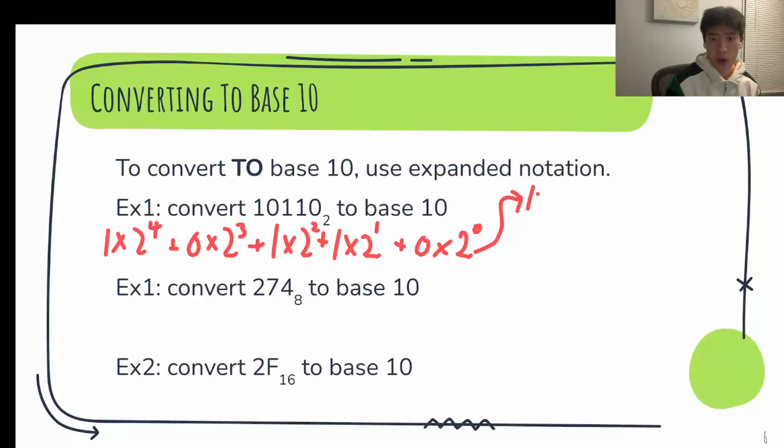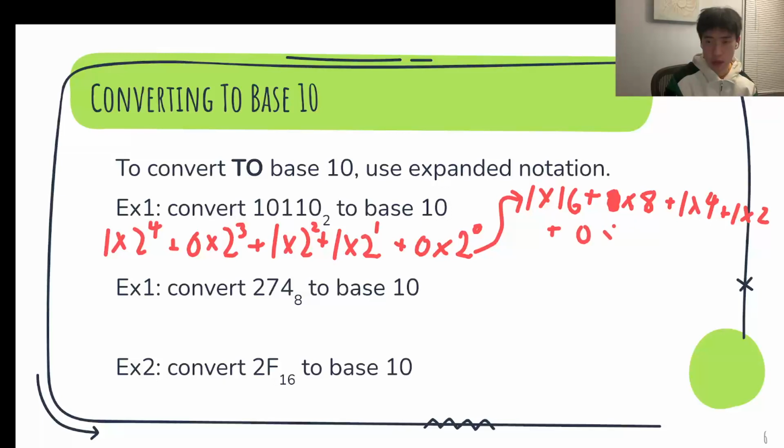So we have 1 times 2 to the power of 4 is 2, 4, 8, 16, plus 0 times 8 plus 1 times 4 plus 1 times 2 plus 0 times 1, which is equal to 16 plus 0 plus 4 plus 2, which is equal to 22 in base 10. Right?